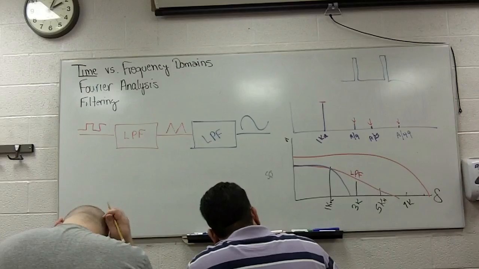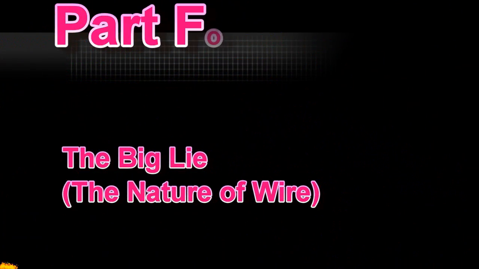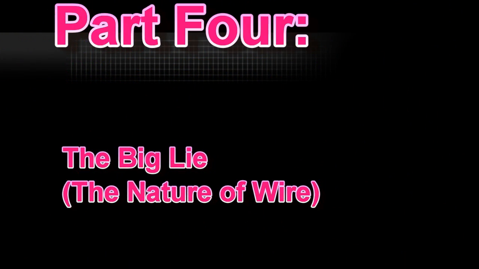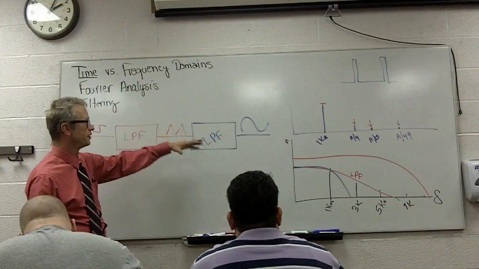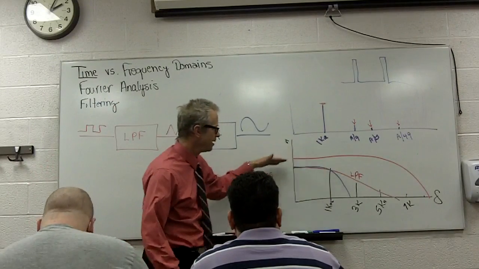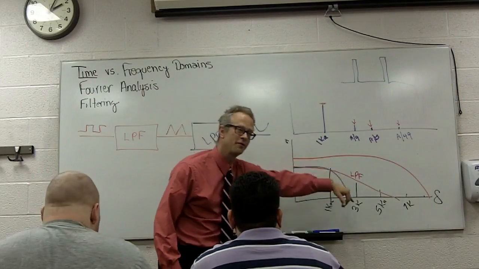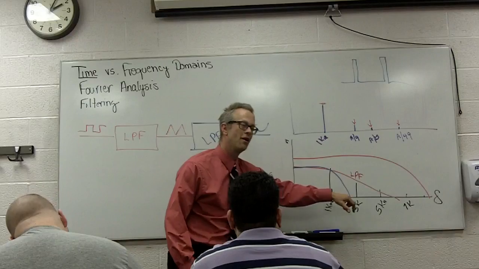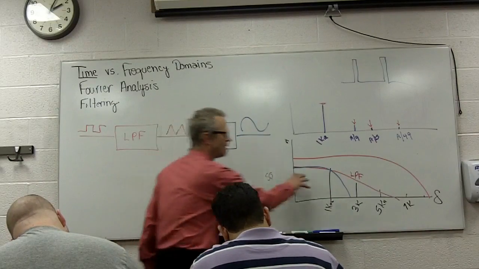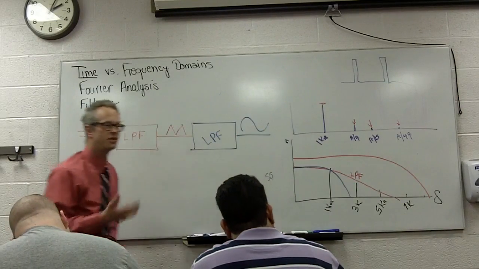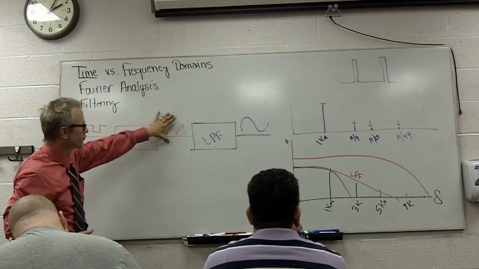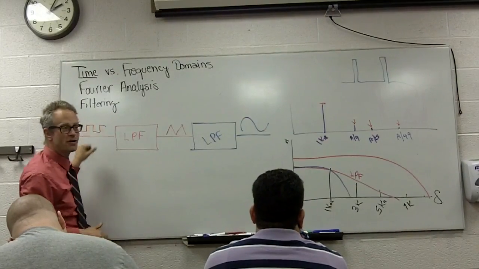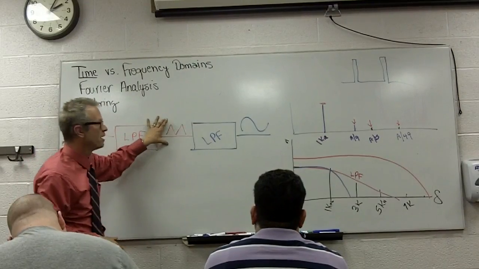As I filter it more aggressively and decrease the cutoff frequency of that filter, I'm going to cut off more and more of the harmonics. And the waveform is going to change as it's filtered from that square wave. It'll start to round off on the corners. You'll get to a triangle wave.